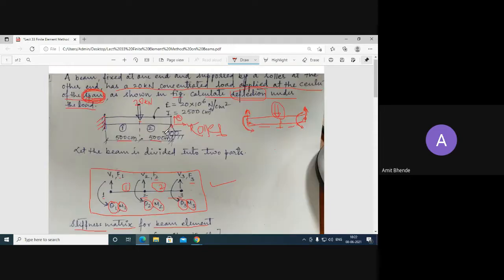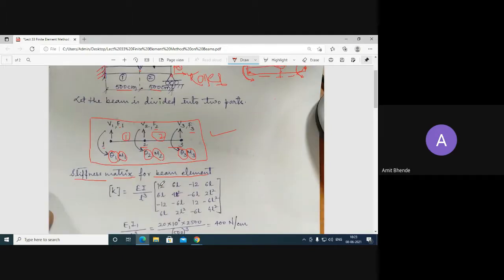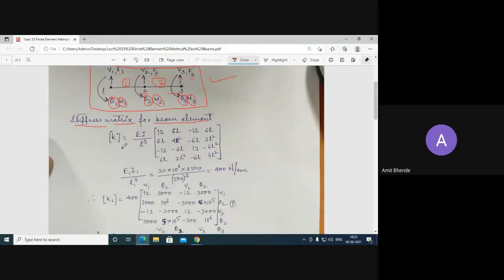Now, since there are two elements and one stiffness matrix for each element, there will be two element stiffness matrices. The element stiffness matrix for the beam element is given as EI upon L cube in brackets: 12, 6L, minus 12, 6L; 6L, 4L square, minus 6L, 2L square; minus 12, minus 6L, 12, minus 6L; and 6L, 2L square, minus 6L, 4L square.